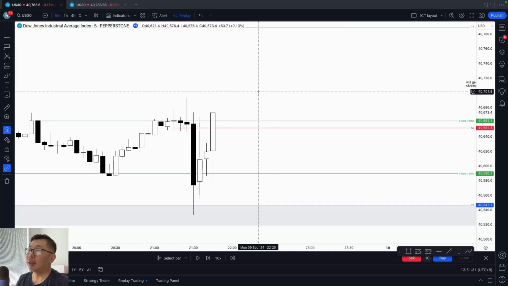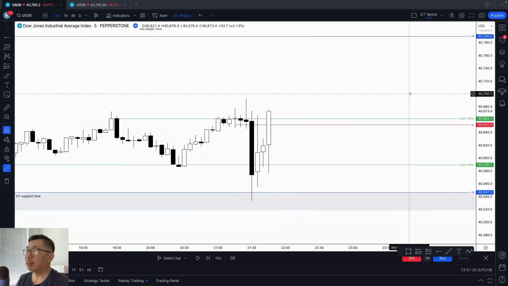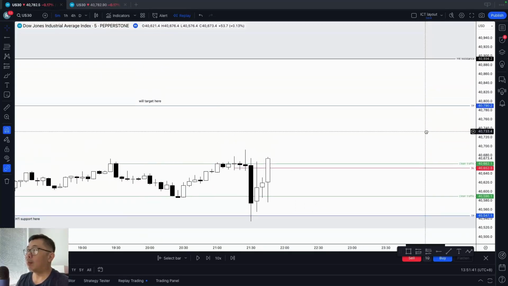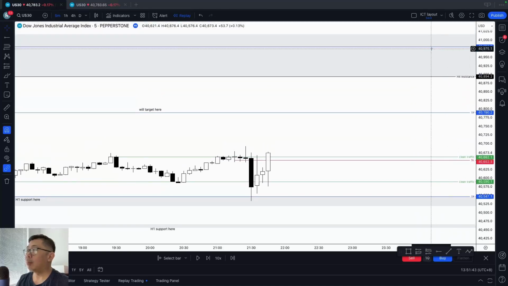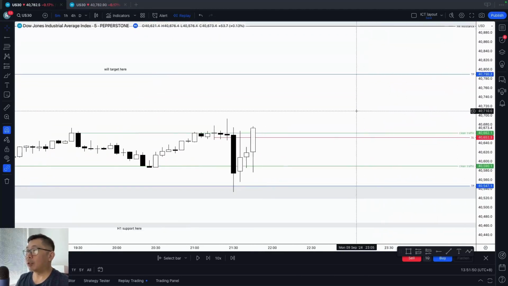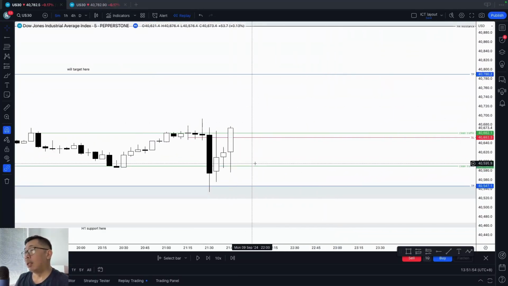I made a mistake. It was pretty painful because it did go to my original TP, and then more. I put the level 2 TP, which is the next TP, if I were to catch that buy or hold on to the trade.